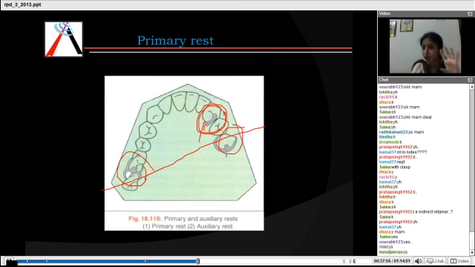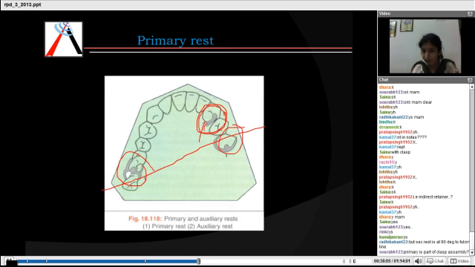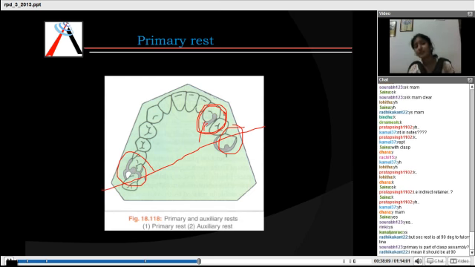So now you got it. Now you can put it together. It is at 90 degrees to the fulcrum line, no? Primary is along with the retentive clasps. When we are talking about the clasp, there is a rest, there is a body, there is a shoulder, there is a retentive arm. We'll come to that later.